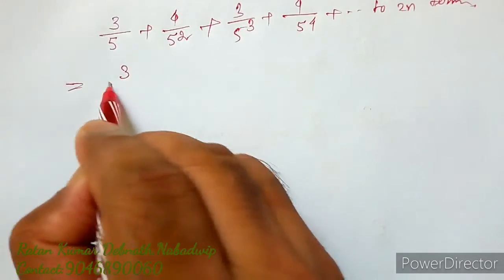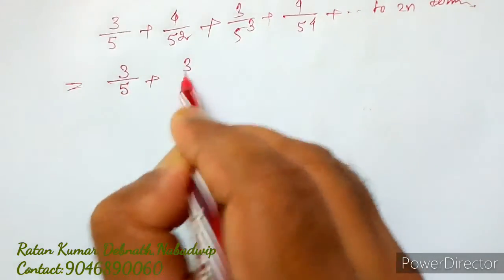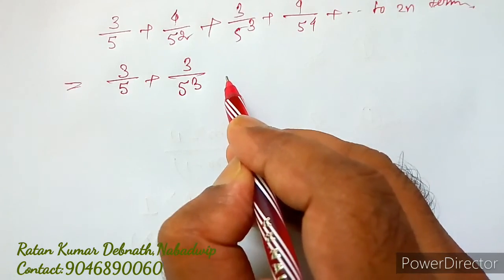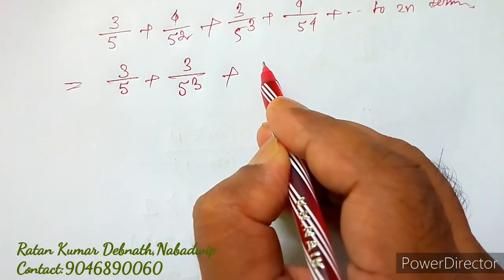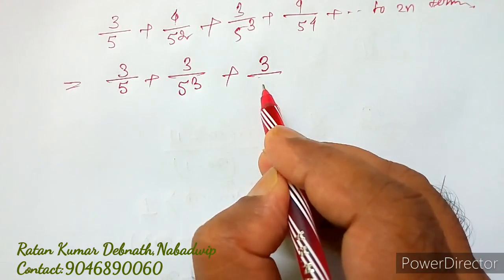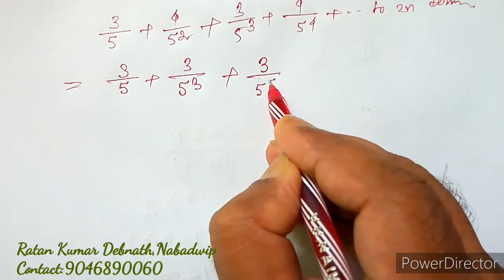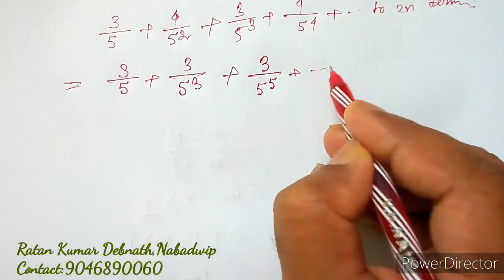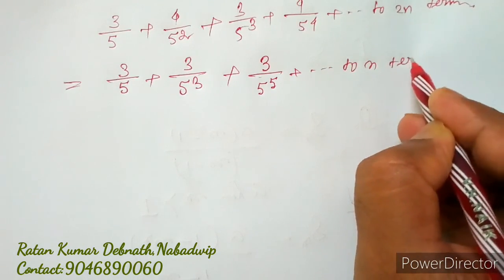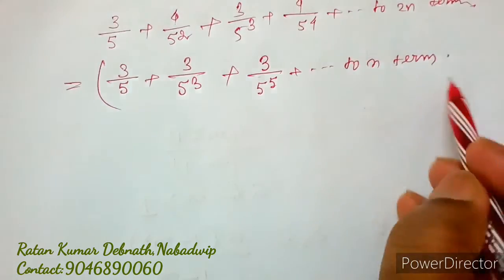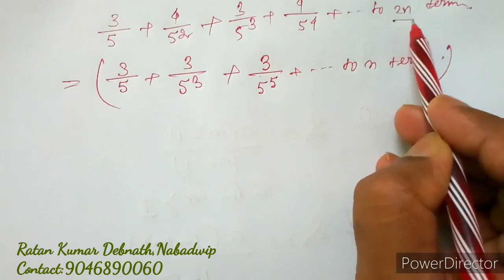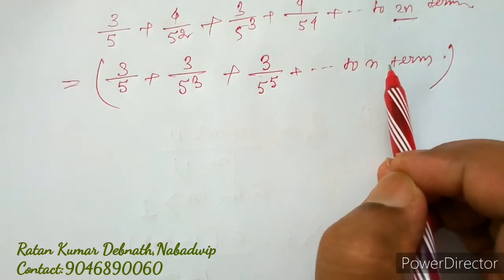Now 3 by 5, 3 by 5 cube, plus 3 by 5 to the power 5, dot dot dot, to n terms. Why? In total there are 2n terms.